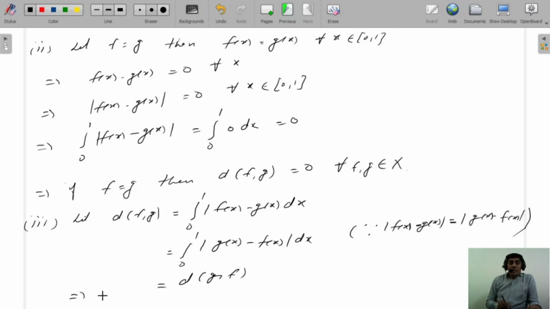This implies d(f,g) is equal to d(g,f) for every f, g belongs to capital X.